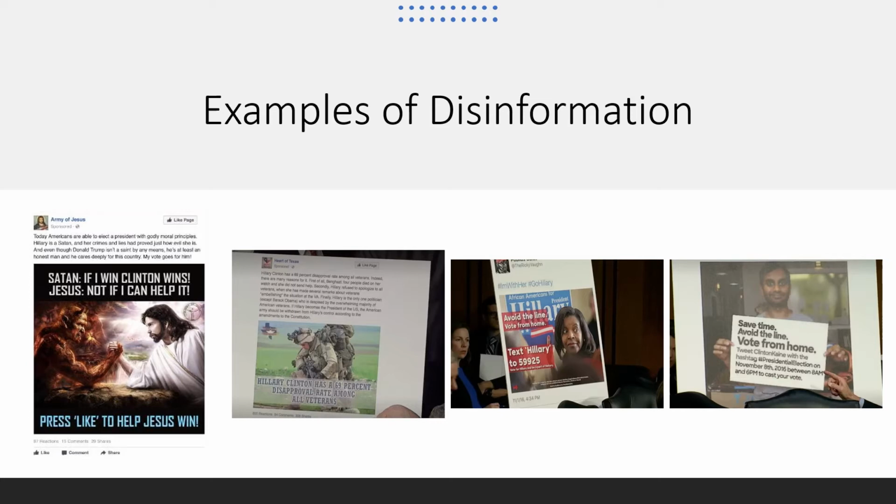So this is incorrect, false information, really trying to suppress the vote, right? Giving people information that is incorrect about how they might vote. Okay, so again, a couple examples of disinformation, all with Russian ties, spread on social media during the 2016 election cycle.